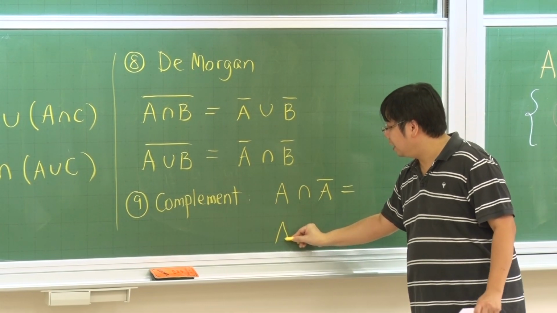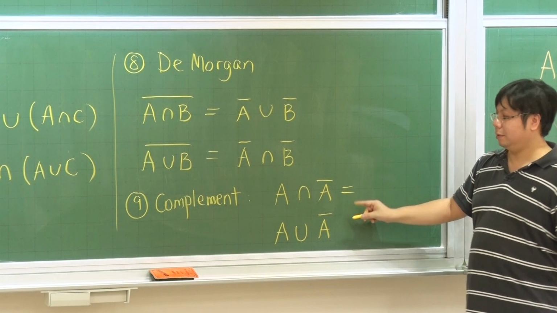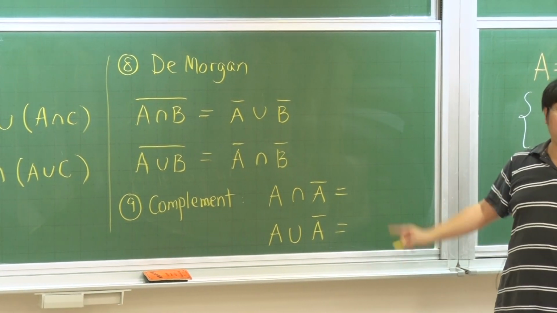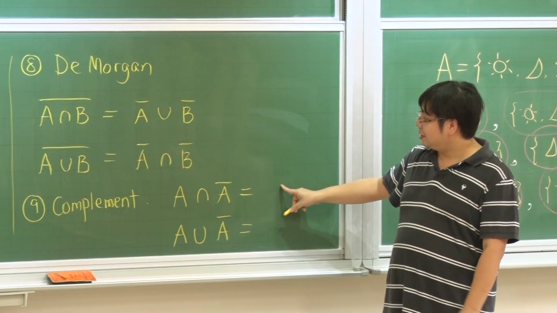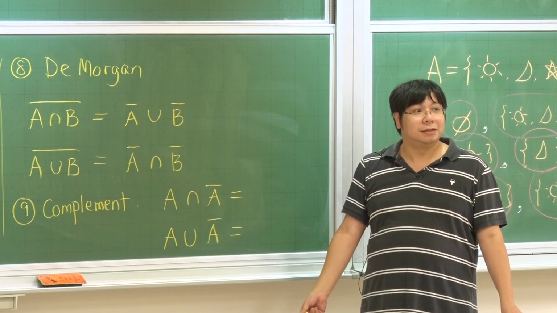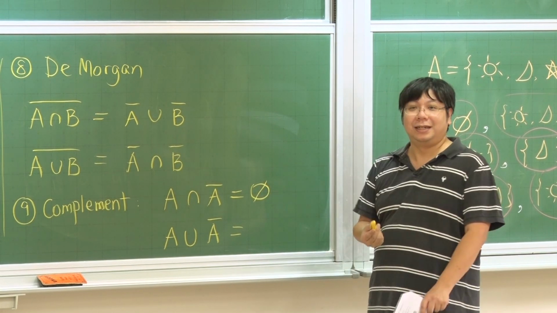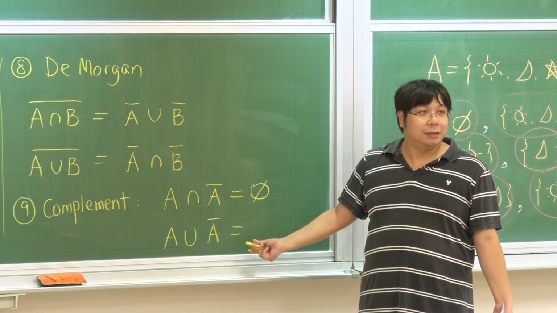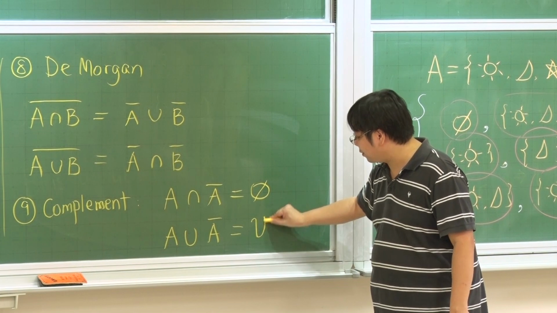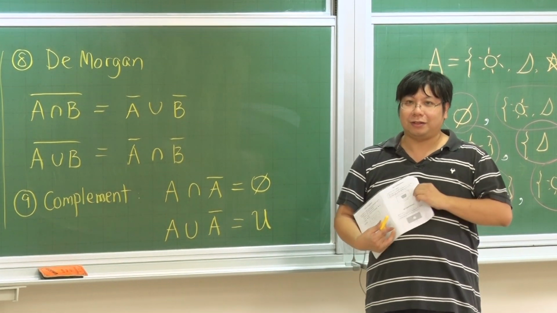If you have A, you union not A, what will you get? A intersect not A, what will we get? Empty, right? A union not A? Universe, yes, very good. Okay, there's one more law, so you can check this one.